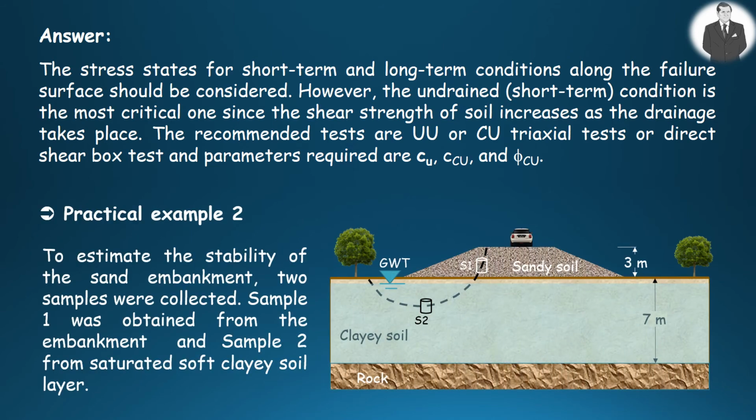Practical example 2. To estimate the stability of the sand embankment, 2 samples were collected. One of them was taken from the embankment and the other from the saturated clay soil layer.